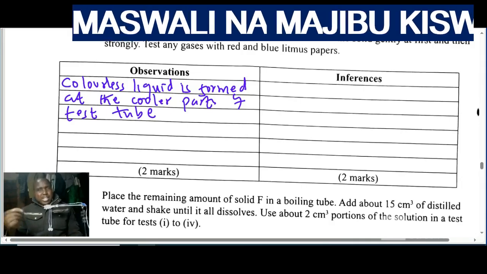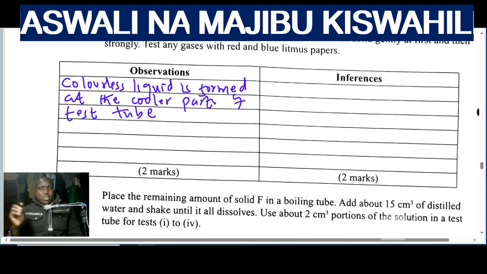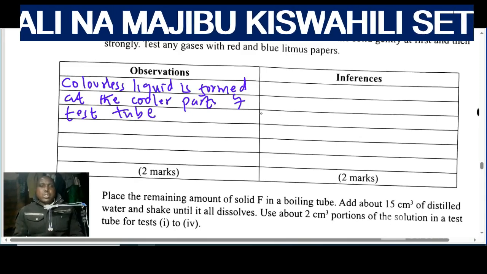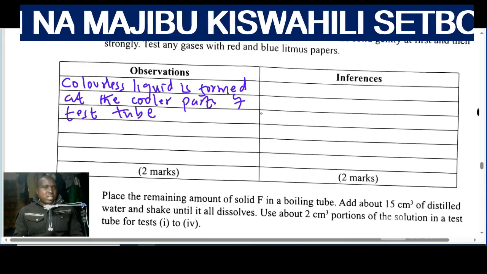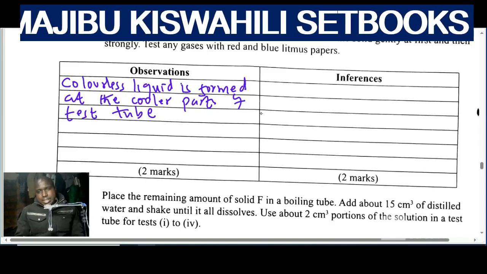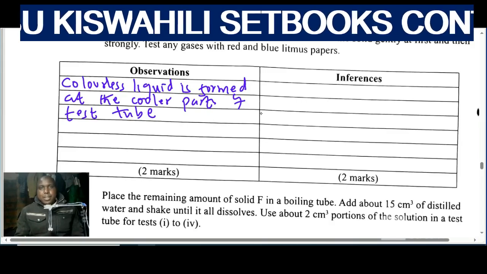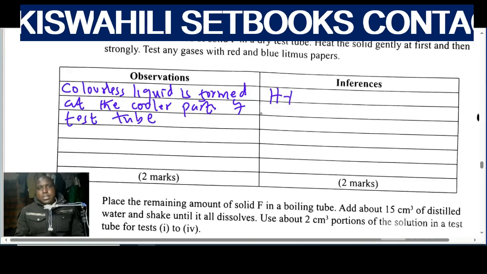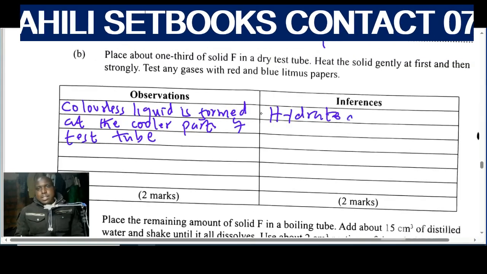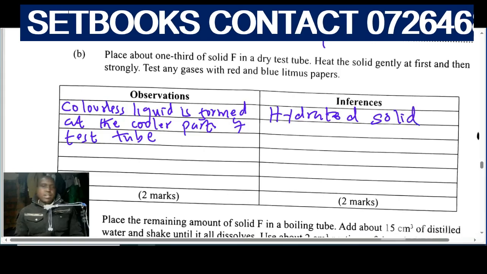Because when you look at the top, you see it is as if the test tube is sweating. So that's what we are talking about. It contains water of crystallization. So when you have written this observation, you tell us that this salt might be containing water of crystallization or it is hydrated. So hydrated salt contains water of crystallization. So you simply write hydrated solid.